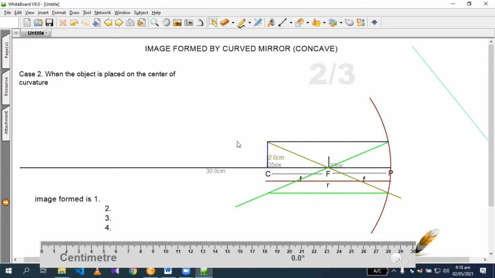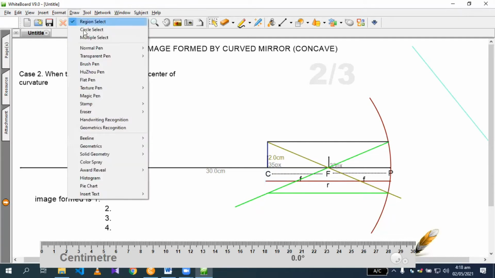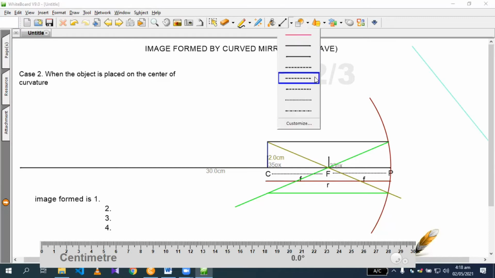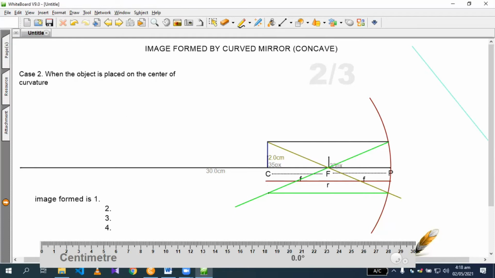Okay, let's see. Now let's draw the image formed. The image formed is in pink. From here, our image has been formed. Let's draw it and let's go upward. Okay, that's very close.